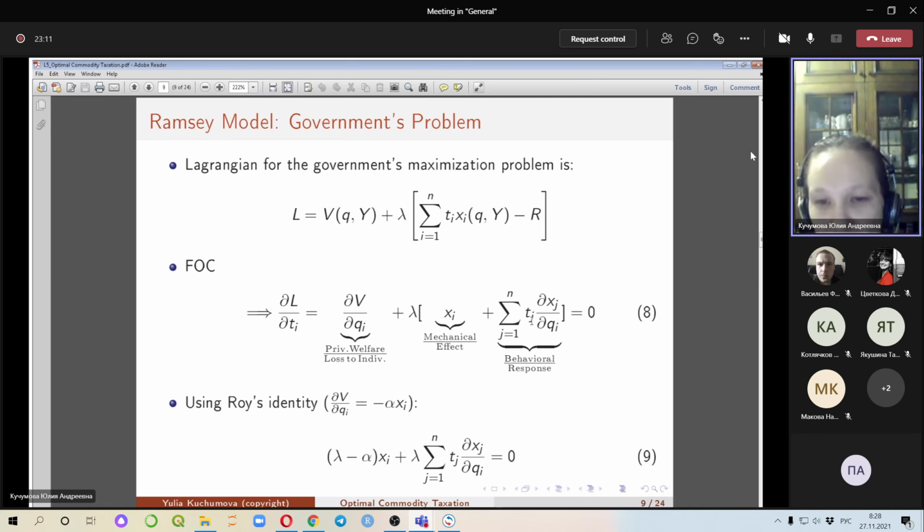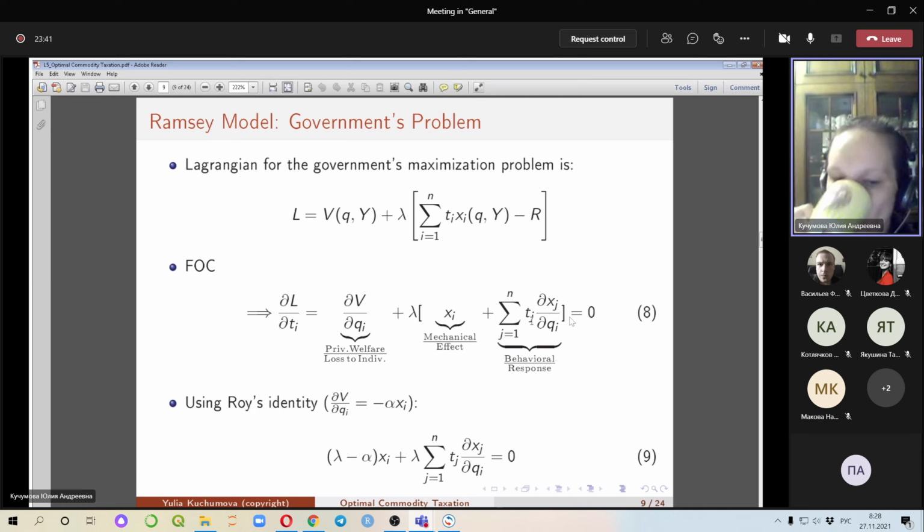Mathematically, you take the derivative of that sum, but we distinguish them to obtain better intuition.